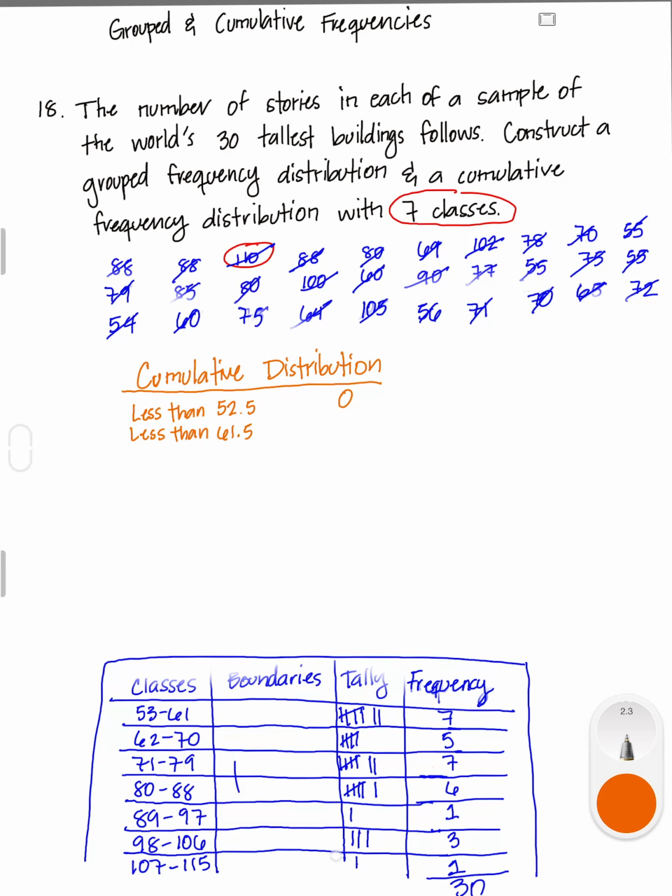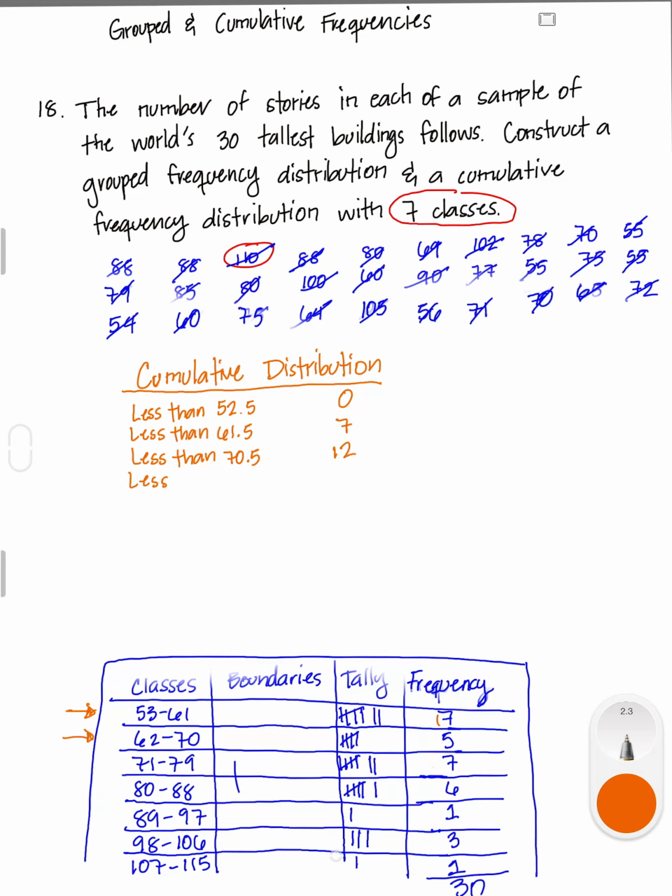So we have 7 values. If we look at the first row, we have 7 values that are less than 61.5. Now values that are less than, let's say, 70.5. So now we're looking at the second row. That is 5 more, right? So that means that in total it'll be 7 and 5. 7 from the previous class and then 5 from the second one, so that'll be 12.